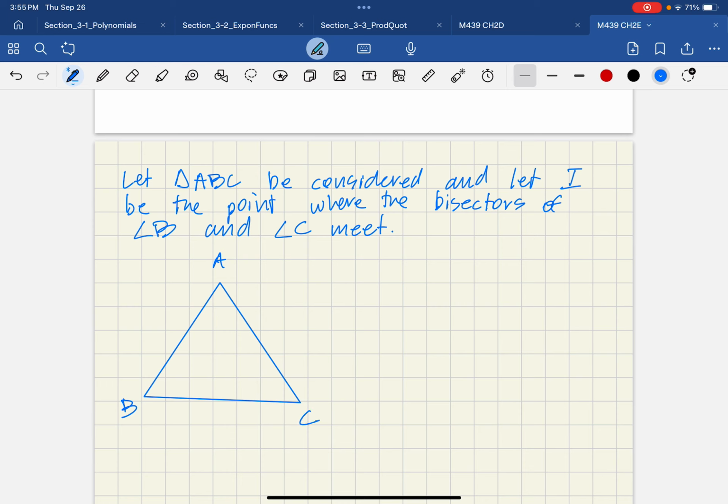And we're saying that angles B and C are bisected. So we'll have something like that, there, I guess. Which would make this point I. So we know that this angle and this angle are the same, and this angle and this angle are the same.